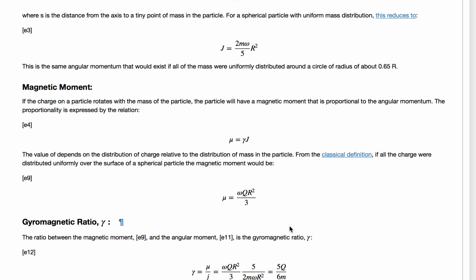And quantum mechanically, there's a relationship between the magnetic moment and the angular momentum, and there's a gyromagnetic ratio gamma, which is intrinsic to the particle that you're looking at. So a proton has its own gamma, which relates its angular momentum to the magnetic moment.